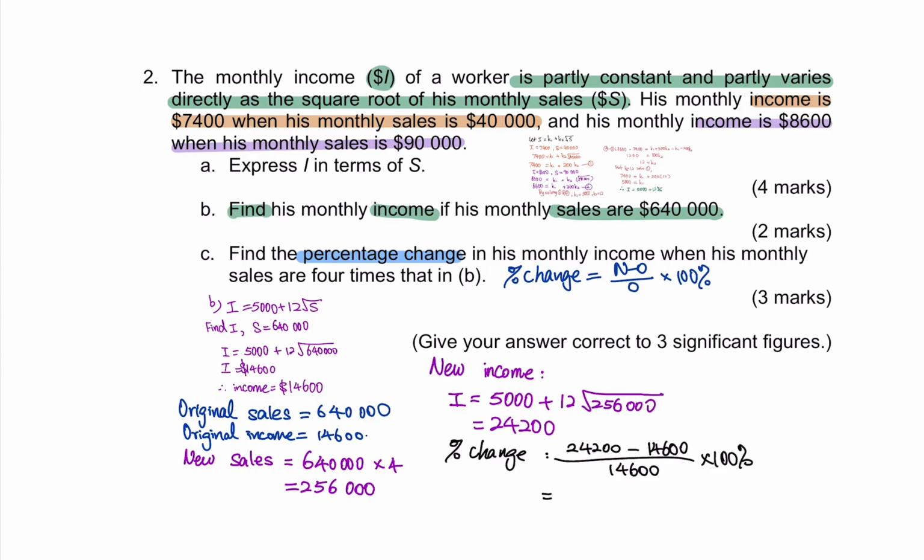And you can get your answer as 65.8%. So we will say increased by 65.8%. Cool? Good. Then let's continue. What else do we have?